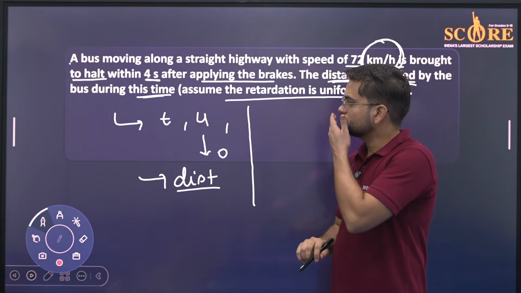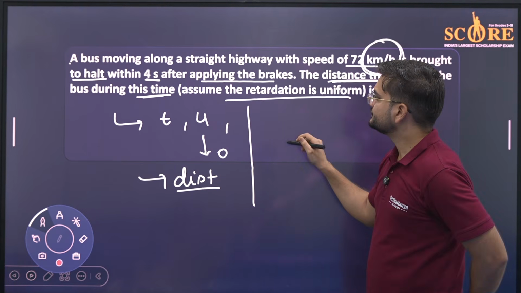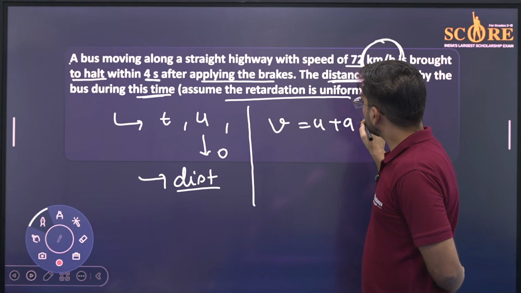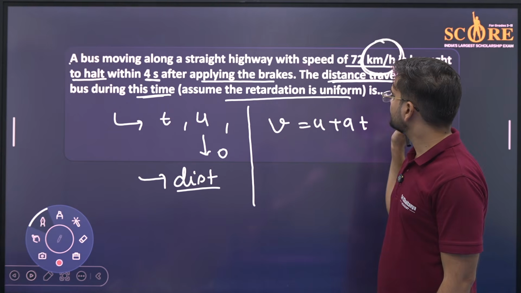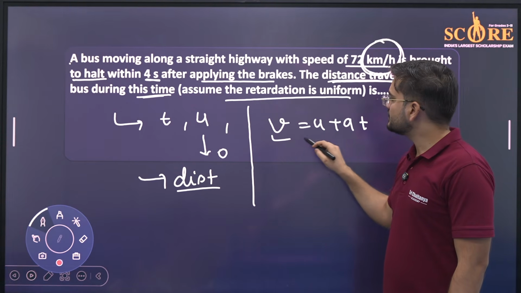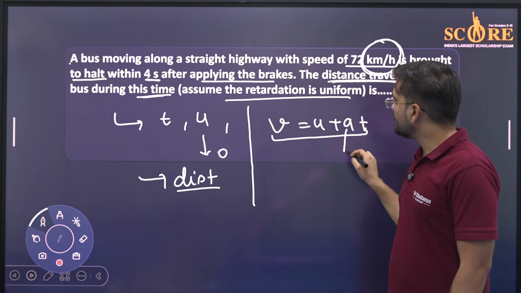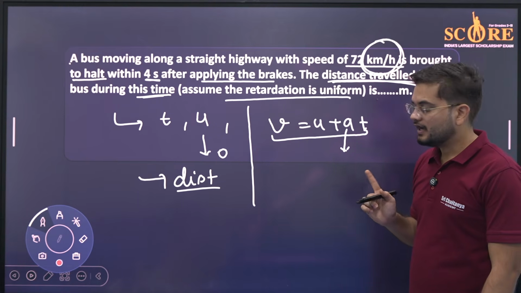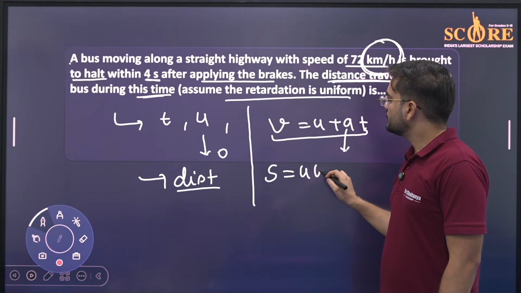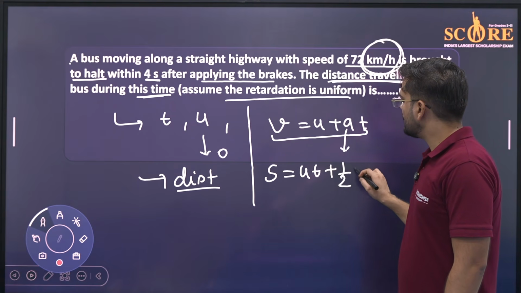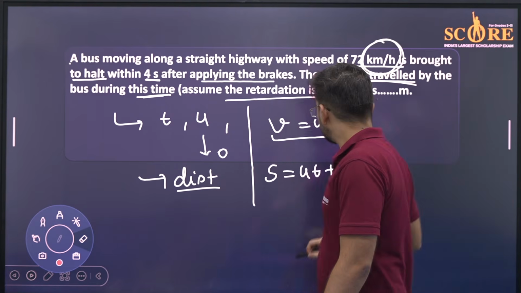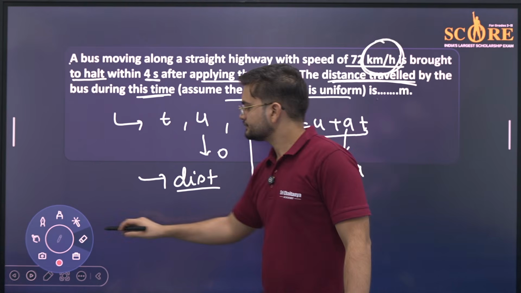So we will use v is equal to u plus at. By using this equation, we will find a, and then s is equal to ut plus half a t square.